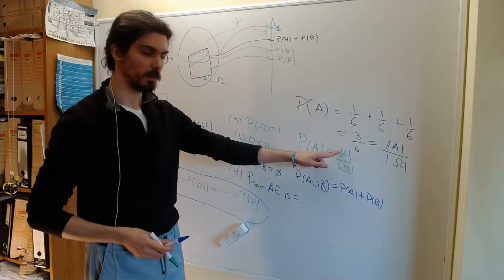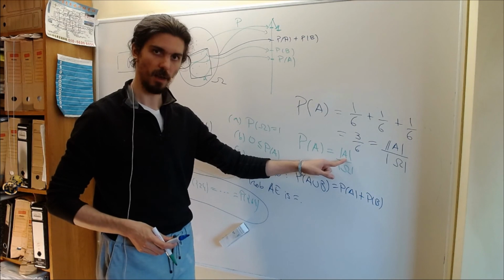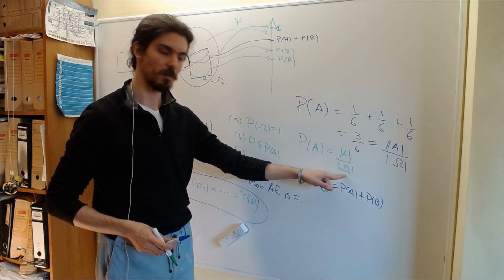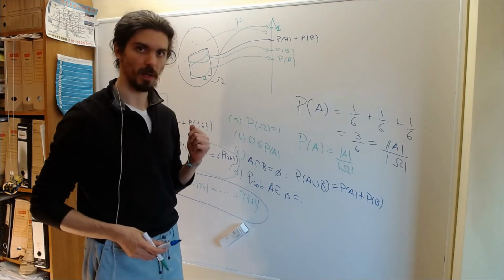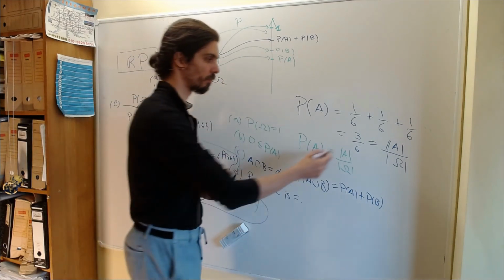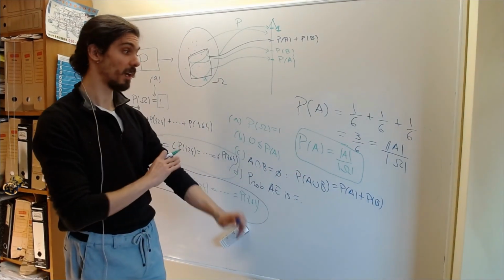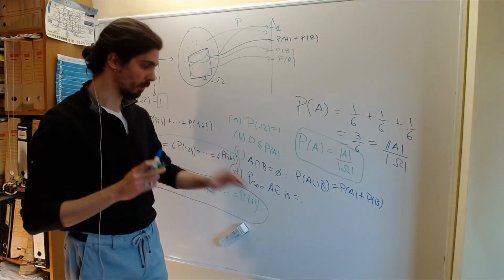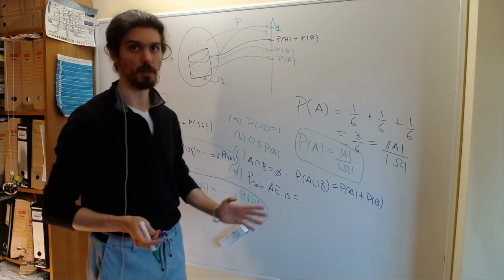In other words, it's the number of atomic events that favor the event A divided by the number of atomic events that exist in omega. Okay? This is a very important formula. And that's what you are going to use many times, because the assumption that the atomic events have the same probability is a good assumption in many situations.